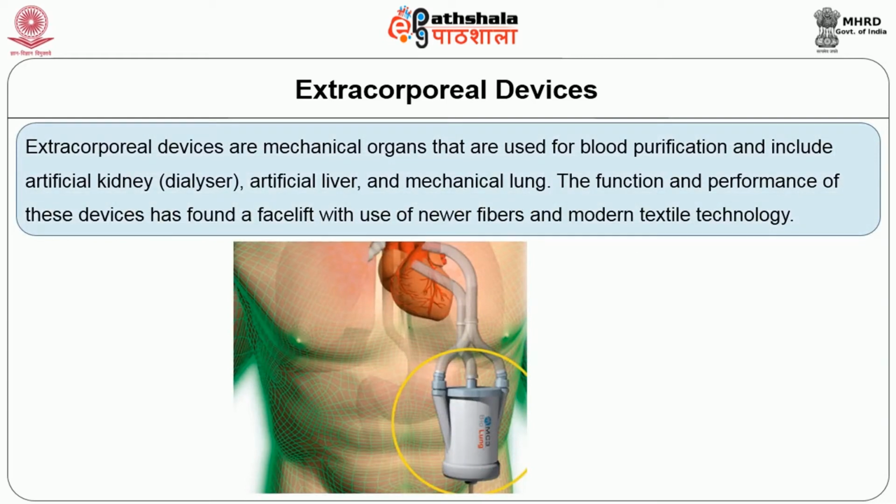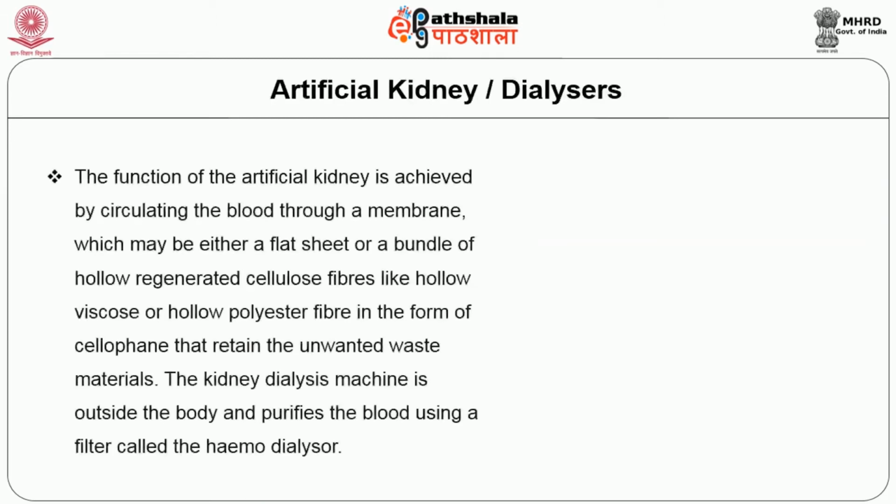Next, we shall see about the next section, which is extracorporeal devices. These are mechanical organs that are used for blood purification and include artificial kidney, artificial liver, and mechanical lungs. The function and performance of these devices are getting a facelift with use of newer fibers and modern technology.